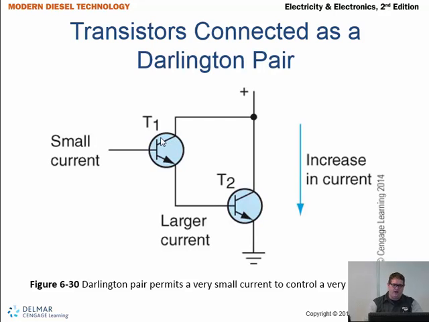And you will see this with a small transistor connected to a MOSFET, a metal oxide semiconductor field effect transistor. So as you're looking at this, this is just that relay, one small input controlling a larger output, basically.